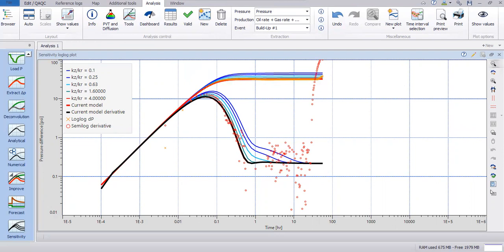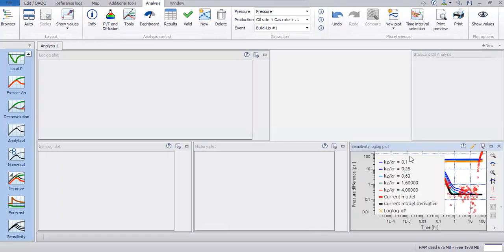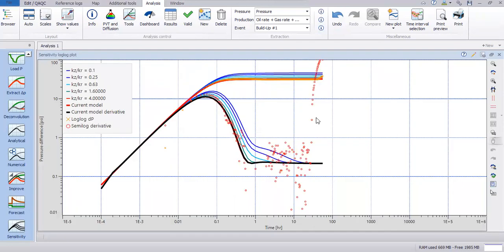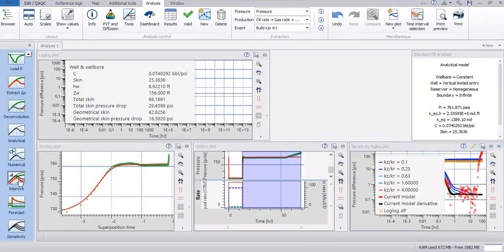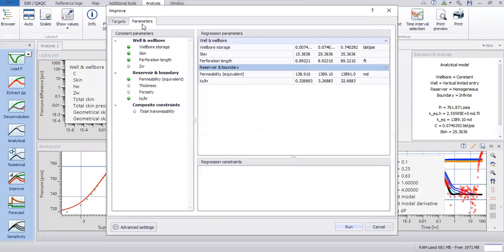Okay, so I'm going to do improvement, and then for KZKR, I'm just going to limit it at 0.5, starting from 0.05, my first initial guess value is 0.3.